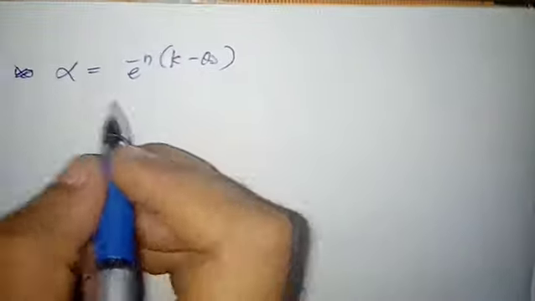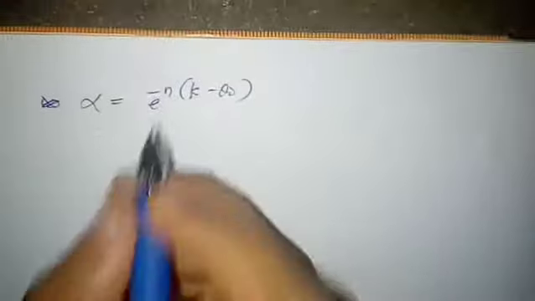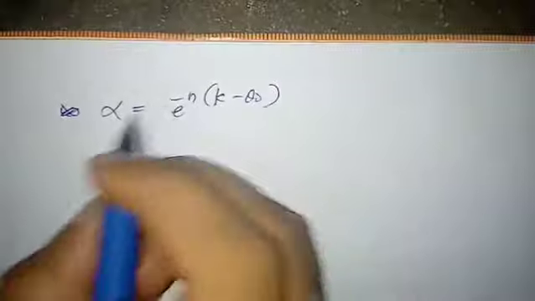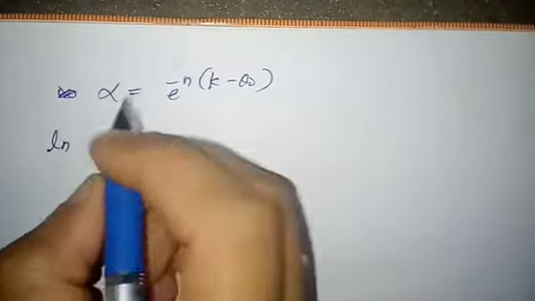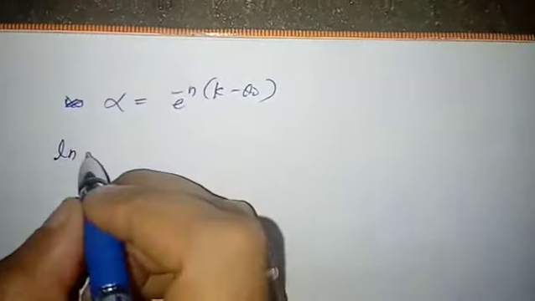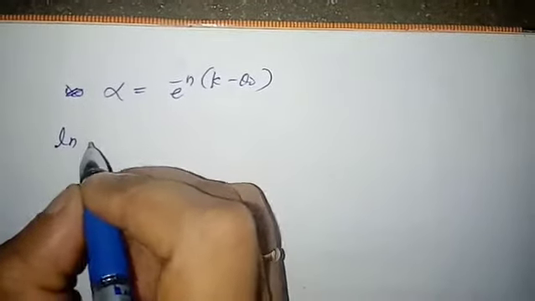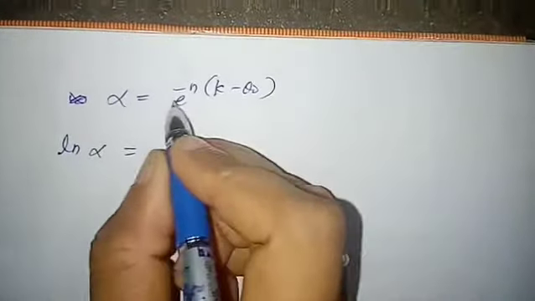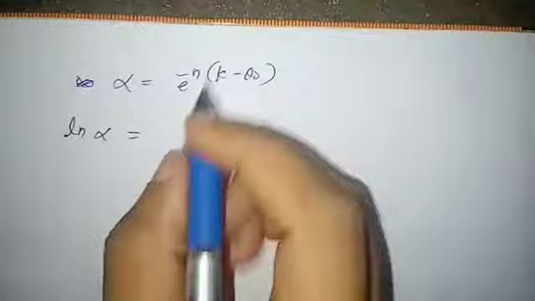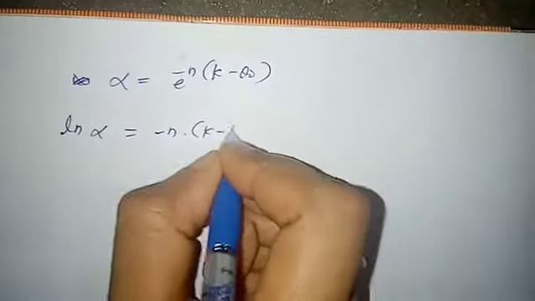But here we have to find the value of k, so we take the log. The log of alpha equals the log of e power this term, which is n into k minus theta naught.